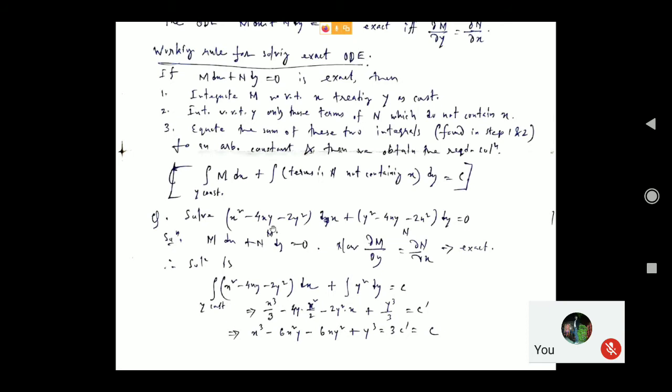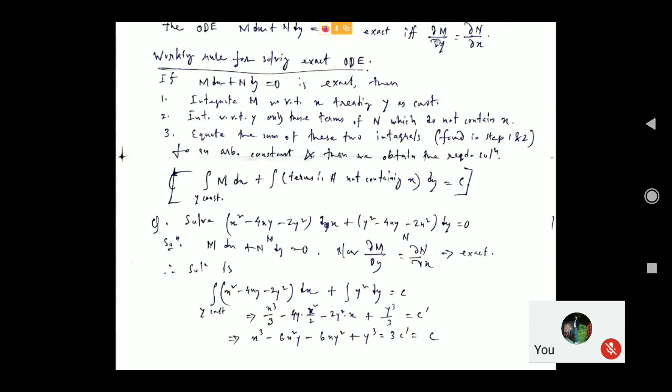So first we will check whether it is exact or not. The condition is this: we will check whether del M del y equals del N del x or not. So check first with your pen and paper whether it is exact or not. This is your M dx plus N dy. So check if it is exact or not and tell me.